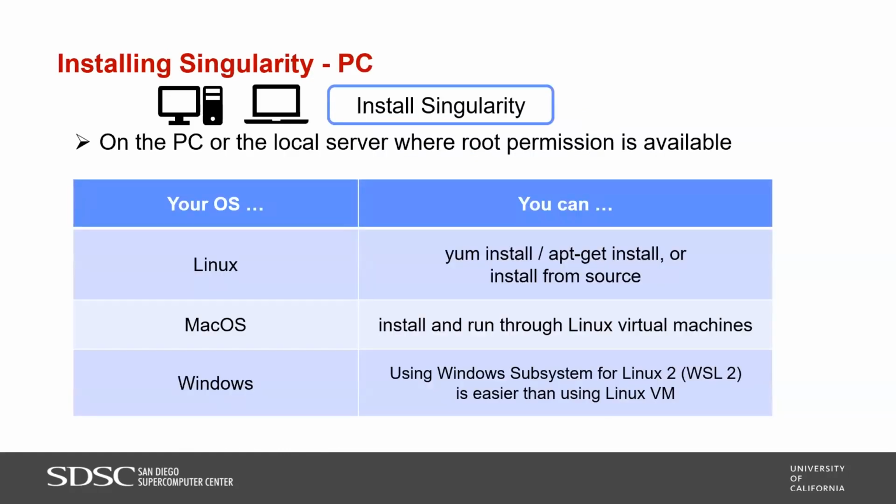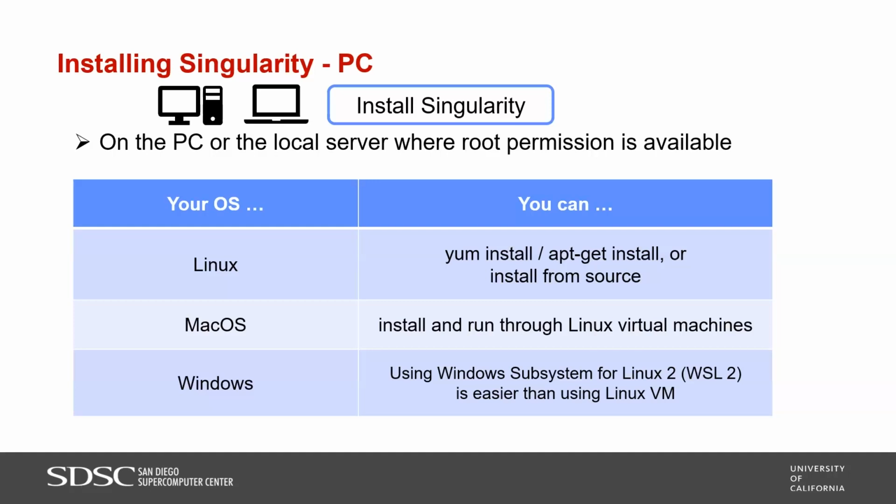So how to install Singularity on your PC? If you have Linux, you can just use yum or apt-get install if your Linux OS is new. Usually Singularity has been packaged for yum or Debian already, or you can choose to install Singularity from source.